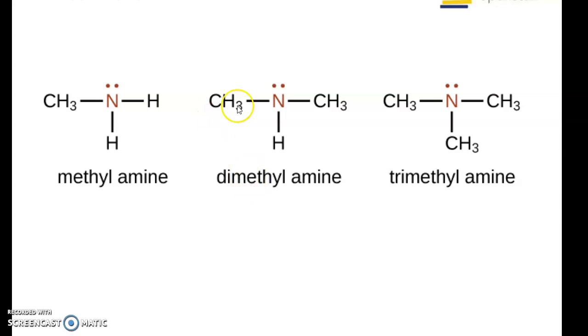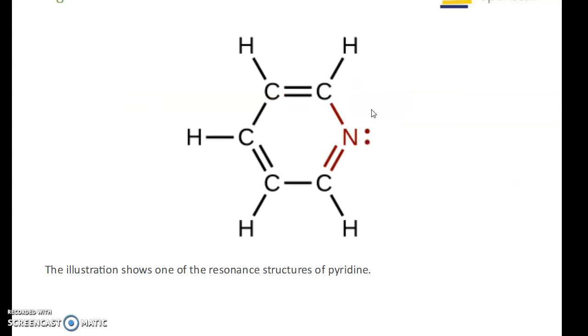If one of the hydrogens is replaced with a methyl group, it becomes methylamine. If two hydrogens are replaced by methyl groups, this becomes a dimethylamine. And then the most you can have is a trimethylamine, where all three of the hydrogens have been replaced by a carbon radical.